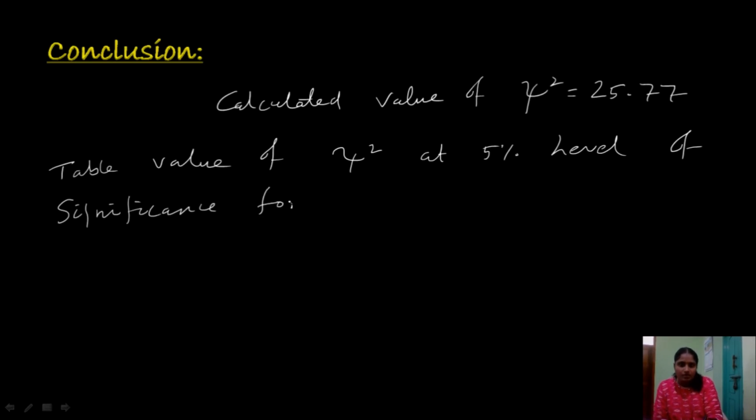The degrees of freedom is calculated by making use of the product of r minus 1 and s minus 1. R represents the number of rows, since we are having 3 rows, and s represents the number of columns, so we are having 3 columns. So 3 minus 1 multiplied with 3 minus 1, that is 2 by 2. So we get 4.